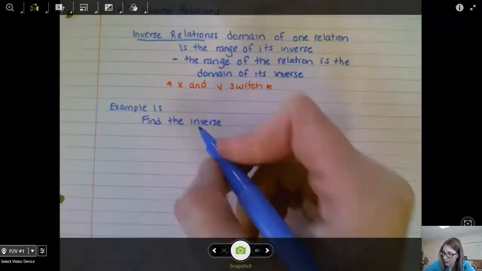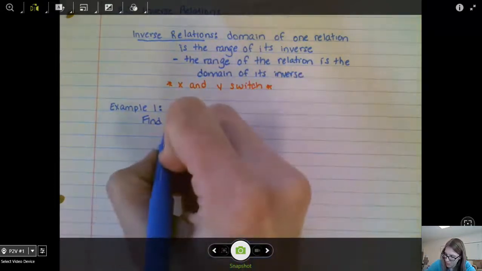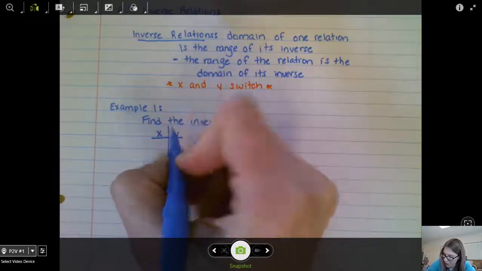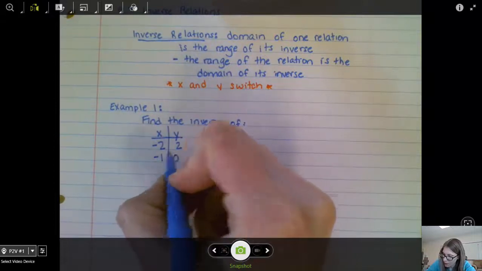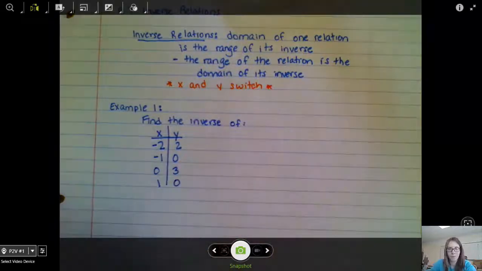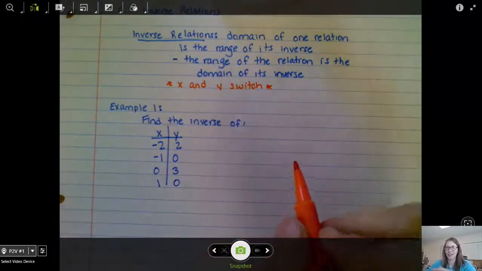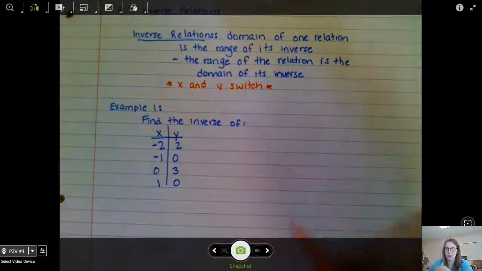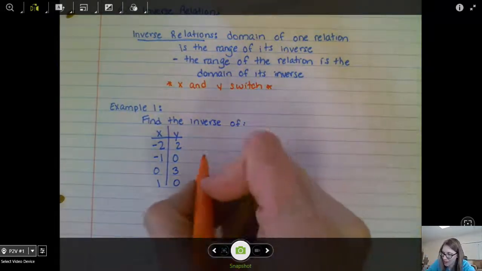Okay, so we're going to find the inverse of our relation (-2, 2), (-1, 0), (0, 3), and (1, 0). Now keep in mind the main idea is what was the domain becomes the range. What was the range becomes the domain. Or again, the long story short, the x and the y switch places.